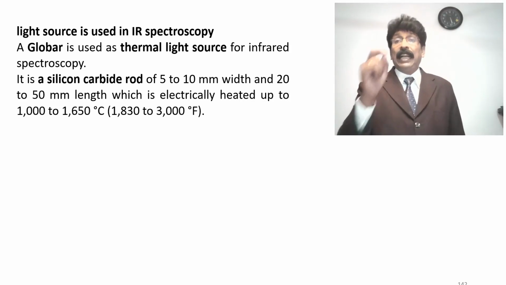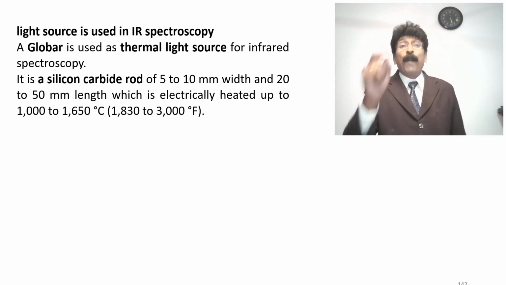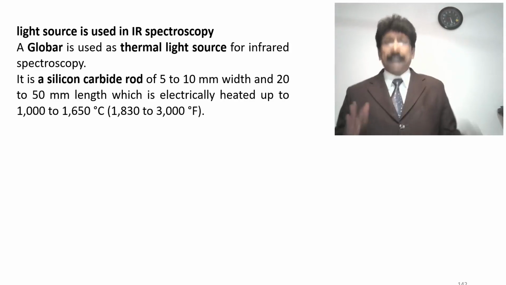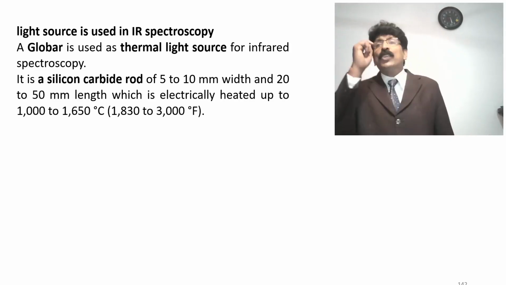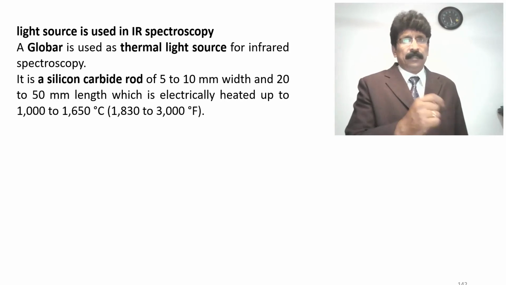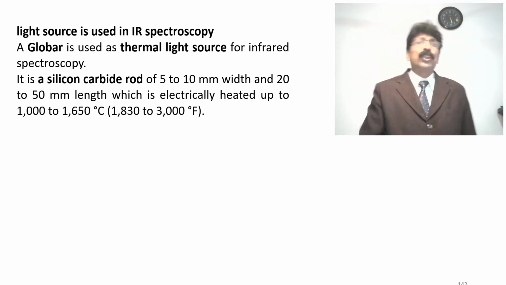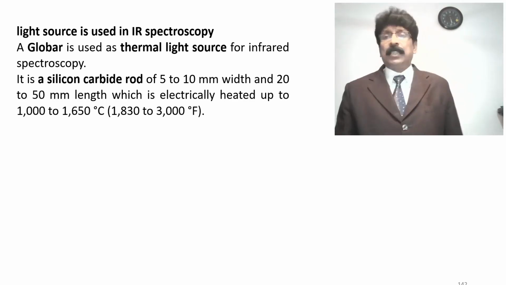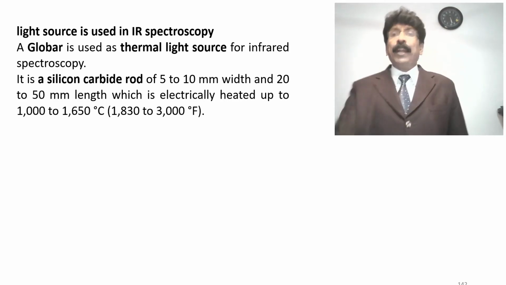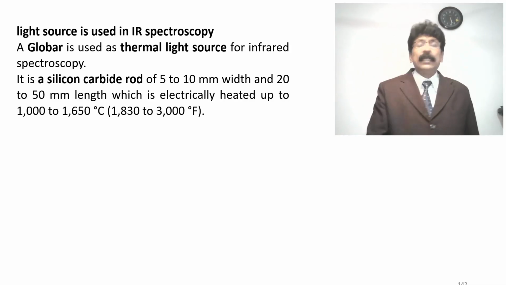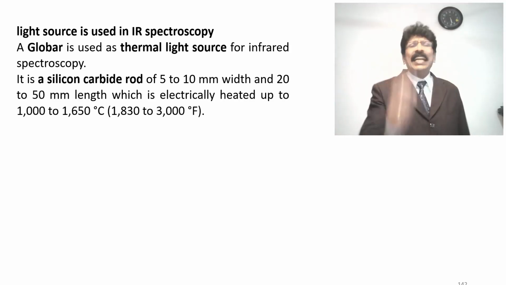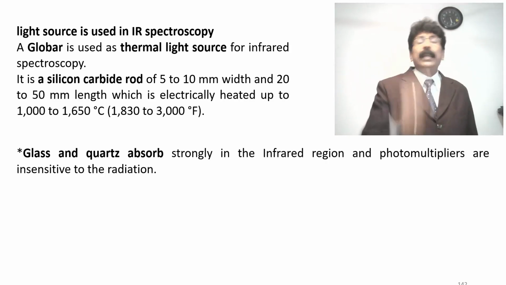In the last slide also, when I was explaining, I was telling about a silicon carbide rod of 5 to 10 millimeter width and 20 to 50 millimeter length, which is electrically heated up to 1000 to 1650 degrees centigrade, or in Fahrenheit you can say 1830 to 3000 degrees Fahrenheit. This temperature should be maintained for this silicon carbide rod, which will emit IR rays.